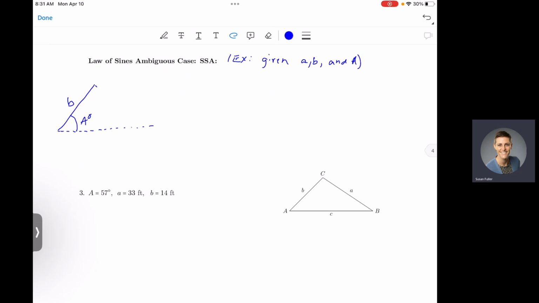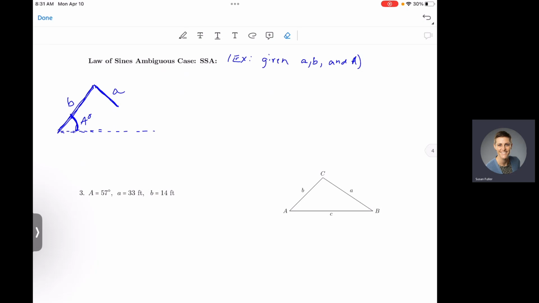So let's say A is this long. Well, if we are looking to solve this triangle, if B is this long, A is this long, and angle A here is this big, then since angle A is this big, I know that my bottom side has to come along here somewhere.